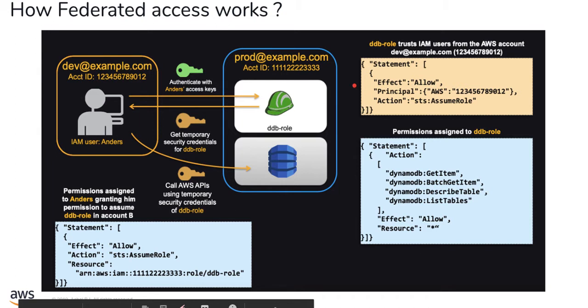It would say to trust this IAM user, and the principal mentions this user's account ID, and he could assume this role. It would also include the permissions related to what kind of actions he could do related to DynamoDB. So this is how federated access works.